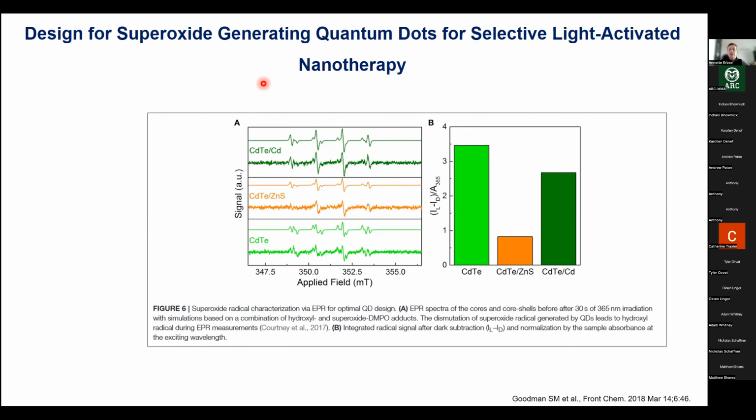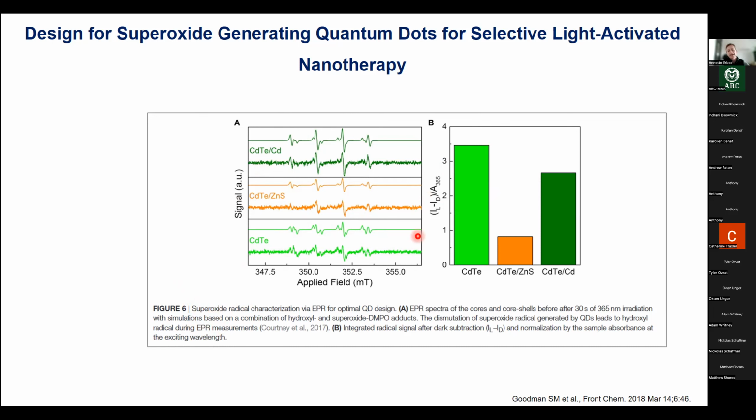And what they saw is that the bacteria died and the cell culture, so the cell line luckily did not. And so they looked at it with fluorescence and EPR and could figure out that the likely mechanism was that the quantum dots generated superoxide that then killed the bacteria, but the cells were able to withstand that a little better.